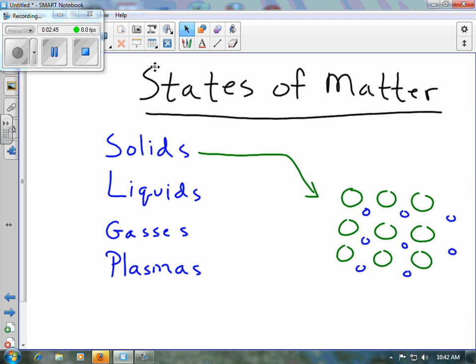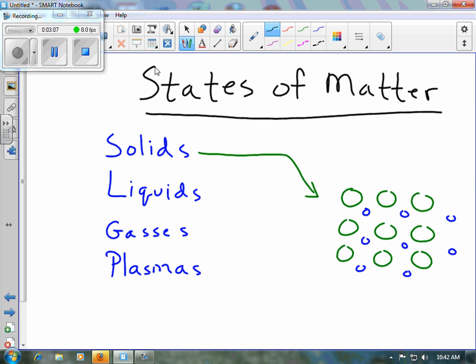Or an ice crystal, it's a more complex crystal than the one I drew, but the idea is all the atoms are in a given location in relationship to one another, and they're bound to each other by intermolecular forces or ionic forces.